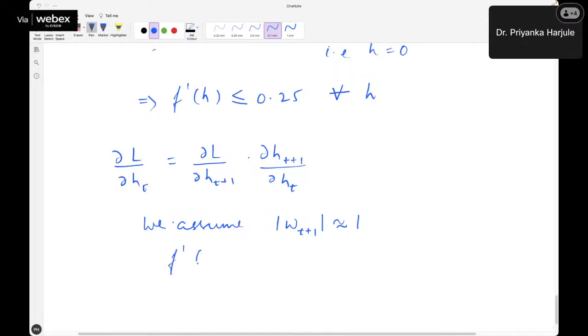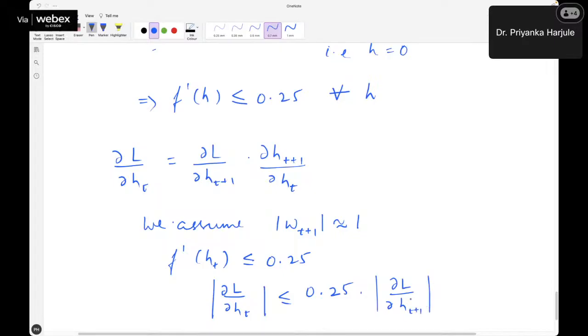So f dash of h of t is always going to be at most 0.25. So what this says is del L upon del h t is less than or equal to 0.25 times del L upon del h t plus 1.